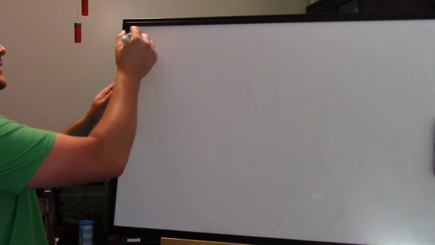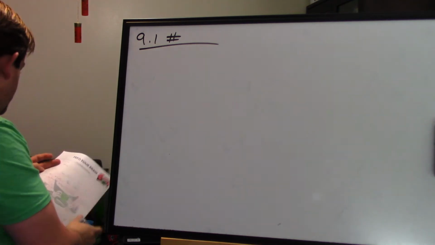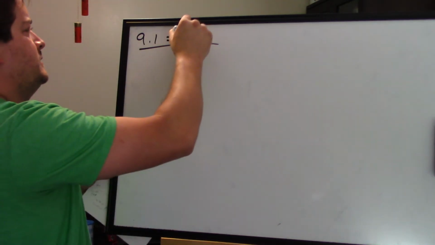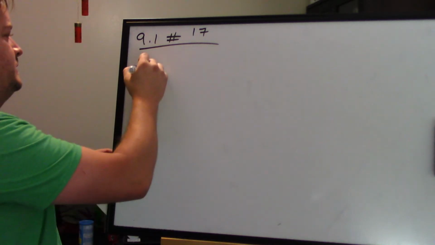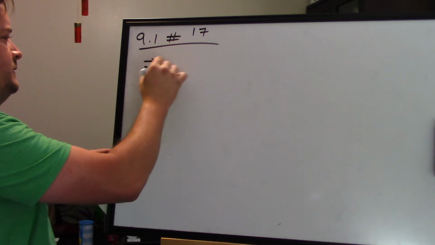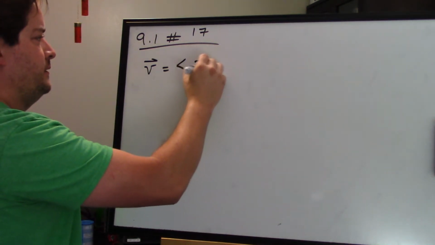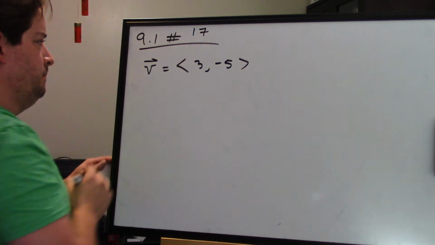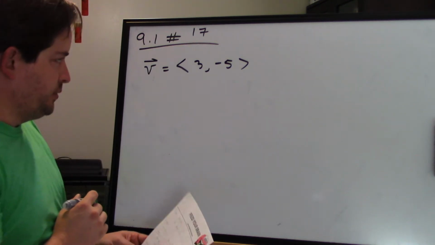Next one we had was number 17. 17 gives us a vector. That vector is 3, -5. And we're asked to find the angle of that vector. So the angle is simply an arctan, right?